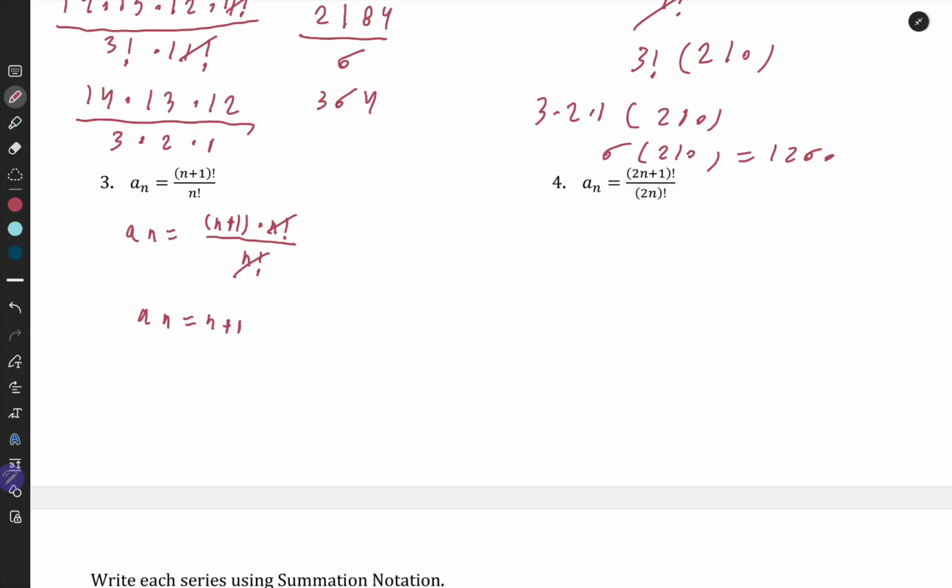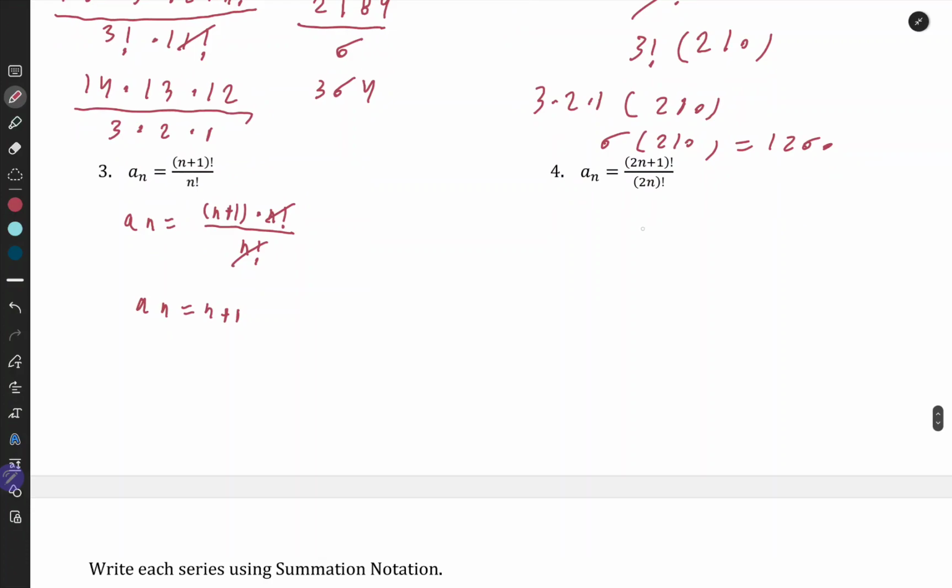That's the answer. And now, if I look at this thing, I have a big boy factorial here. It looks scary, but it shouldn't be, because the same thing is going to go on here. Because we're solving for a of n, we have to look at this in this way.